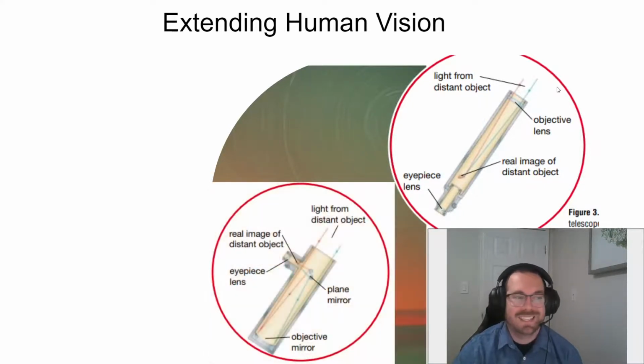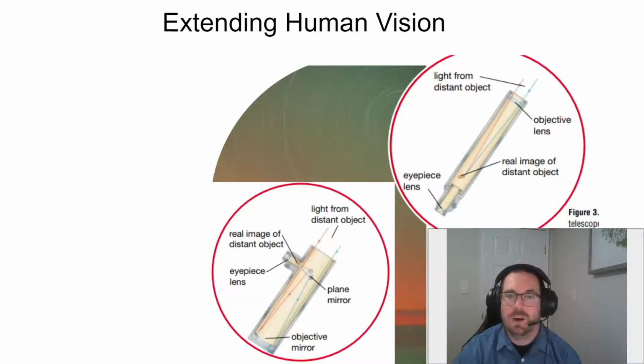A reflecting telescope, and here's an example of a reflecting telescope, uses a concave mirror to collect rays of light from a distant object. So here we have rays of light from a distant object coming in, and using a concave mirror it bounces or reflects it back to a plane mirror here for us to be able to see it.